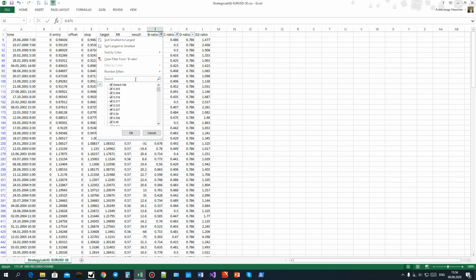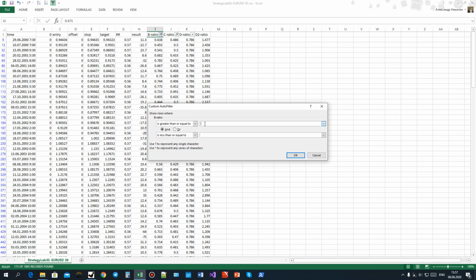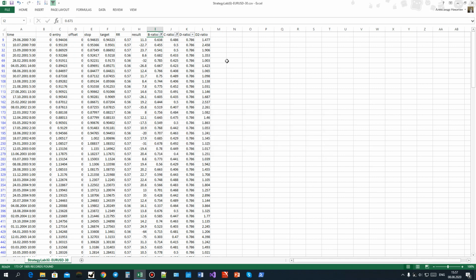Okay, and let me double check the B point. It should be greater than or equal to 0.3 and less than or equal to 0.8. Okay, so now we have only patterns with these B point and C point ratios.